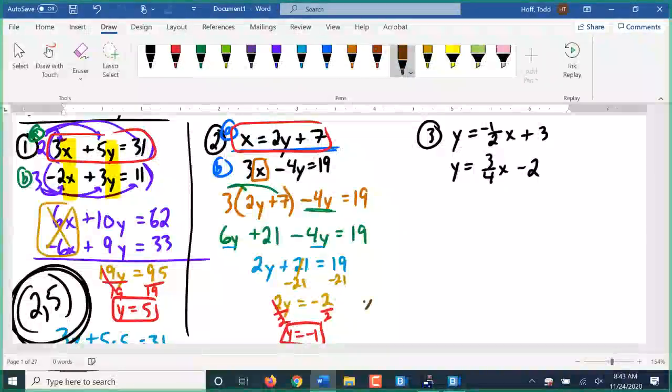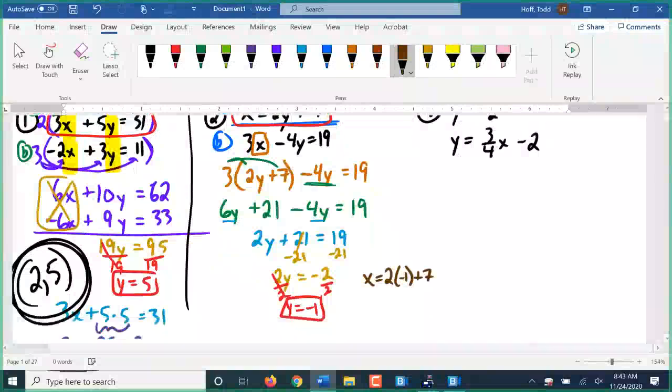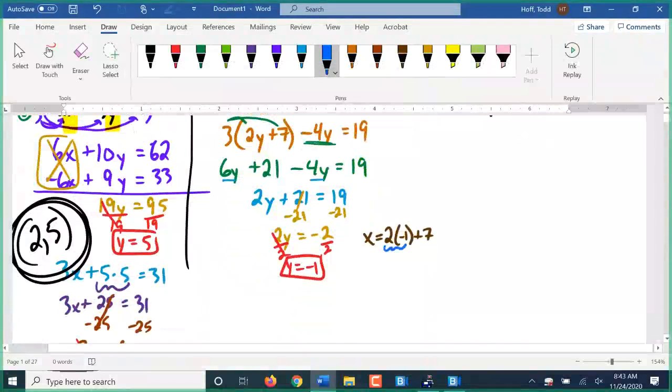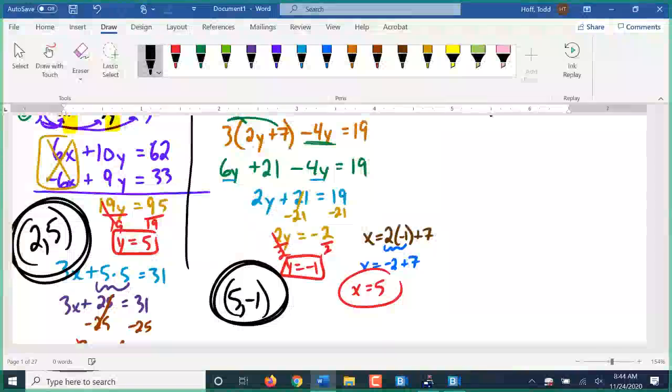I have x equals 2y plus 7, which becomes 2 times negative 1 plus 7. 2 times negative 1 is negative 2, so x equals negative 2 plus 7. And negative 2 plus 7 is 5, so x equals 5. So the solution to that system is x equals 5 when y equals negative 1. So that's the ordered pair (5, -1).